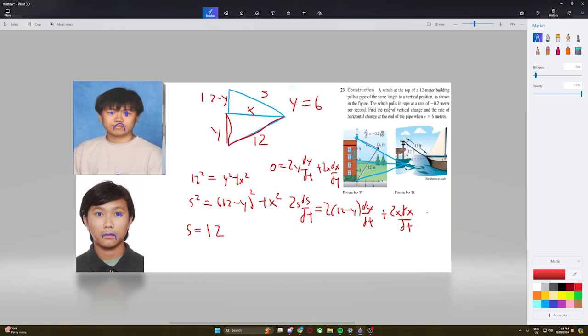They're all right triangles, so you can write Pythagoras right here. And you'll realize that if you plug in 6 for y, s equals 12.